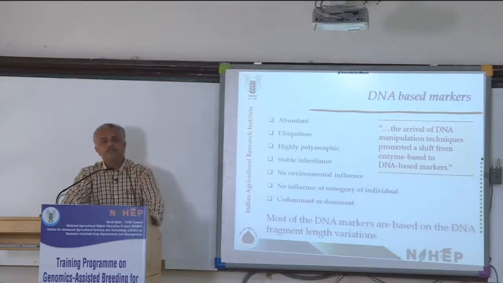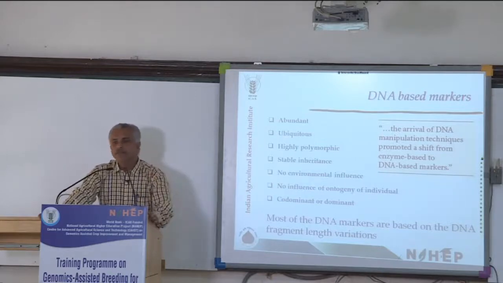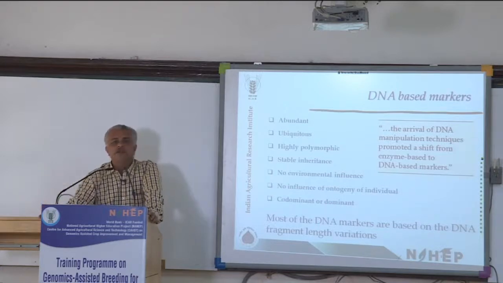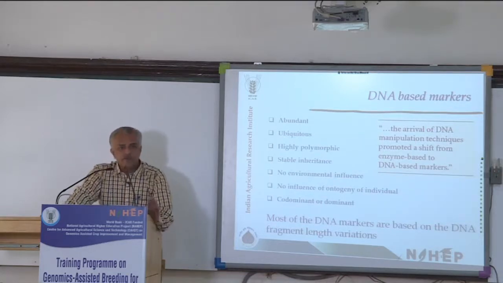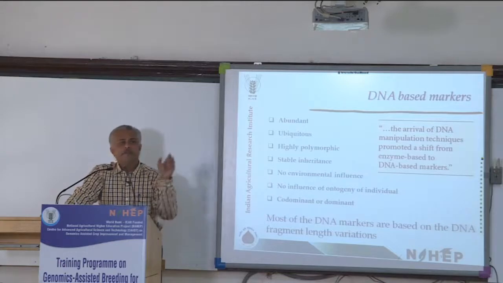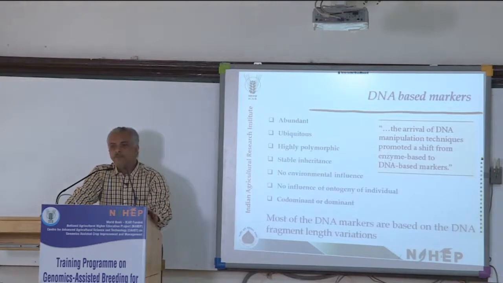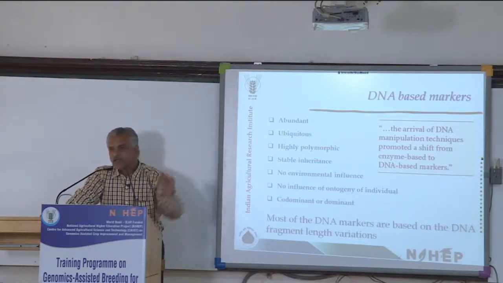Then you identify them as different bands and you call them different fragments. So when you have fragments and you have variation, we call it fragment length polymorphism. So based on the fragment length polymorphism, whether it is PCR based or digestion based, you are identifying the genomic sequences or regions distributed over the genome or the genome landscape, right?